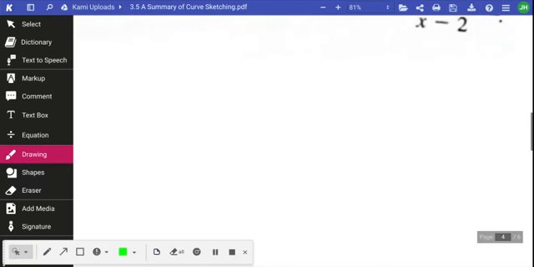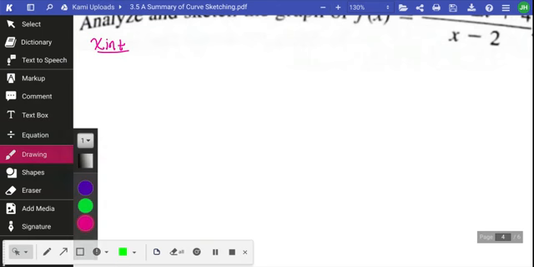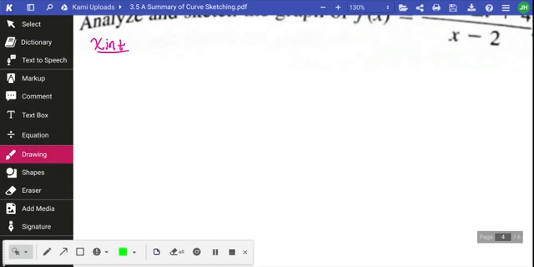Okay, so we have the function x squared minus 2x plus 4 over x minus 2. So we are looking at x-intercepts first. And you find x-intercepts by finding what x's make it 0.